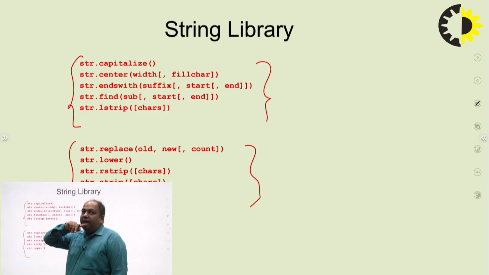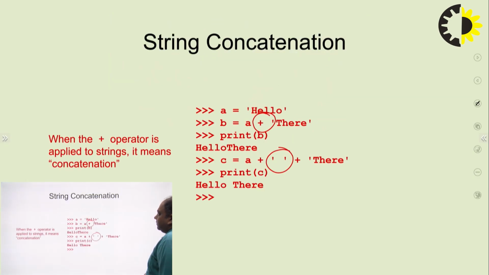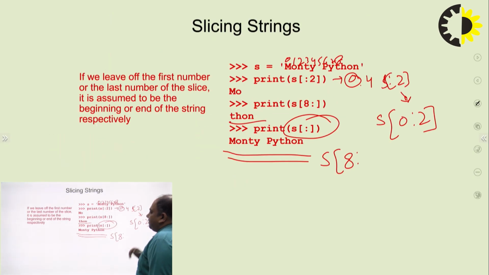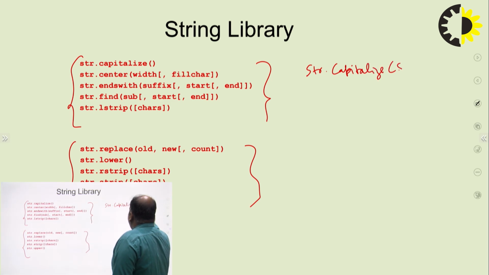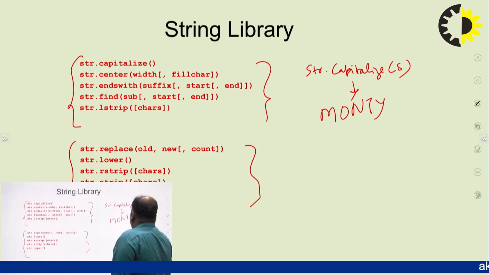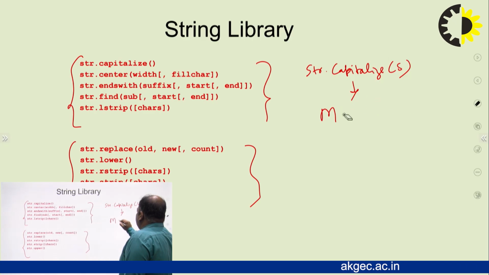str dot capitalize s, where s consists of Monty Python. If we write it like this, str dot capitalize s, its output is the same as it has been shown, because capitalize means only the first letter is capital.